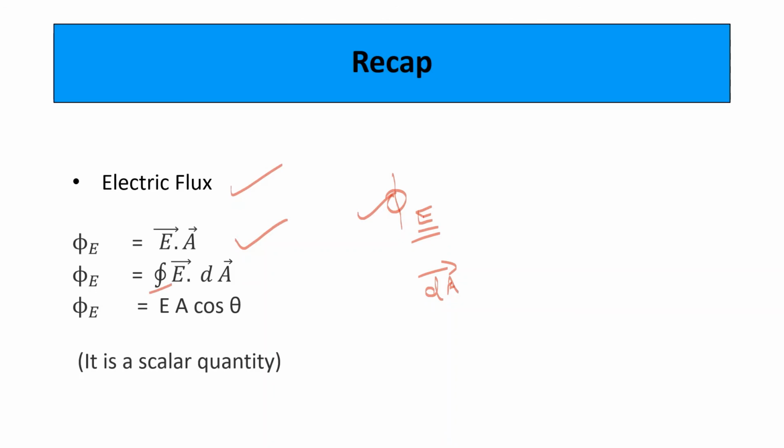This is the closed integral E dot dA. Dot product is always scalar. Dot product is cos theta. Therefore, phi E is equal to EA cos theta. Dot product is otherwise known as scalar product. Hence, phi is a scalar quantity.